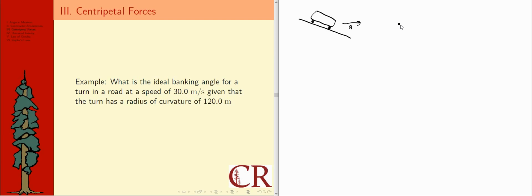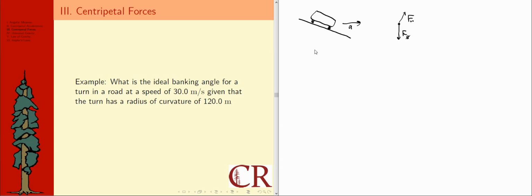But in an ideal banking angle situation, there will be no static friction force, no traction required. So my free body diagram can be simpler. All I need are the two forces, the force of gravity and the normal force that I've drawn here in a relatively small way.